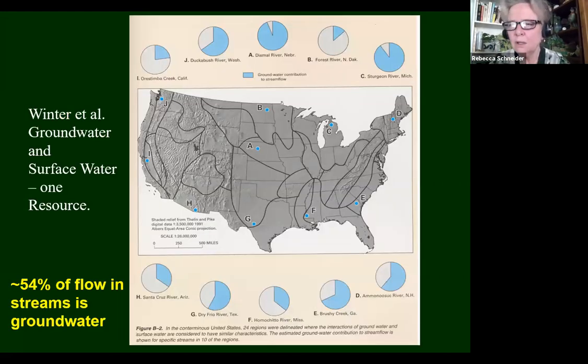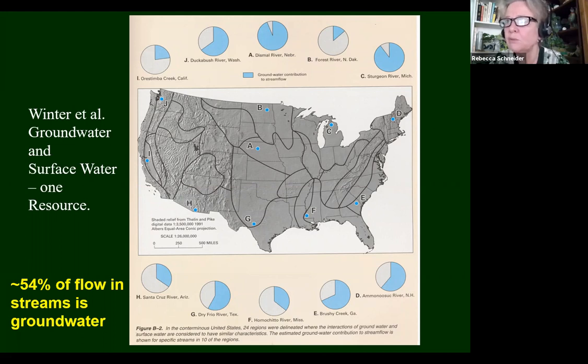So Dr. Tom Winter, researcher with the U.S. Geological Survey, and a group of colleagues set out to figure out how much groundwater contributes to streams. They went to all these different sites around the United States and analyzed the hydrographs, and each of those circles shows us one station, and the blue part is what the groundwater contribution to the total stream flow is.